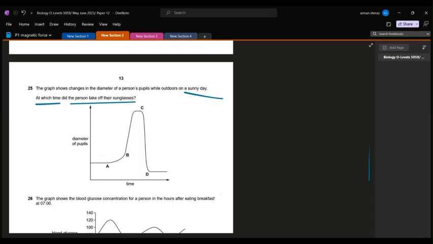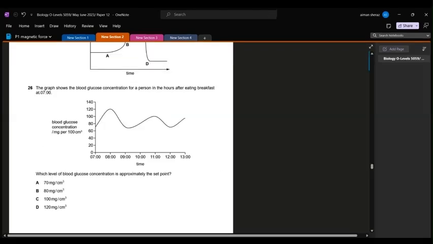But as soon as they take off their sunglasses, the light is going to hit the retina and the pupils are going to constrict. So in the graph, where you see an immediate drop in the diameter of pupils, constrict means limiting, that means less diameter. The option that justifies this is C, because immediately the diameter of pupils will constrict as soon as you take off the sunglasses.